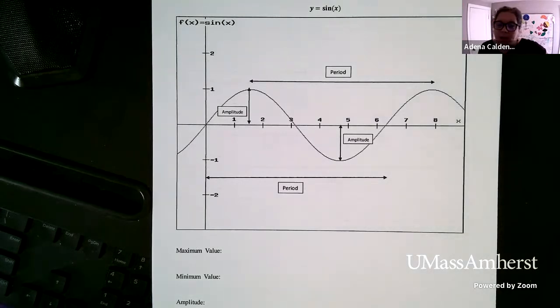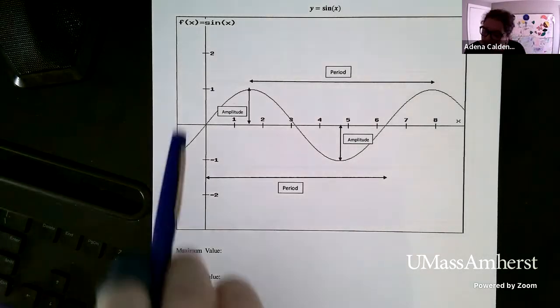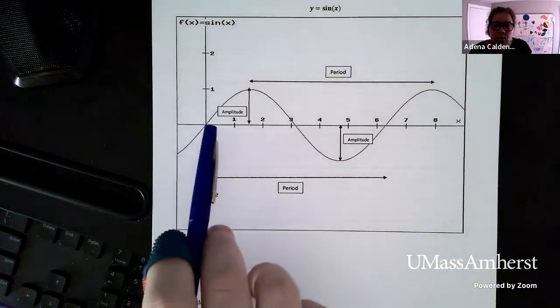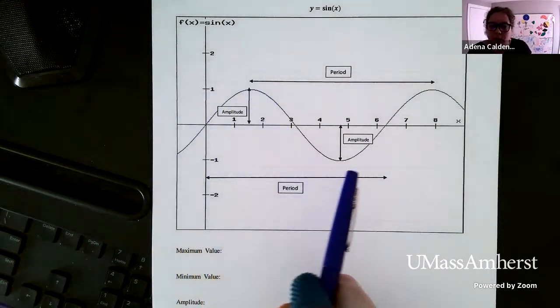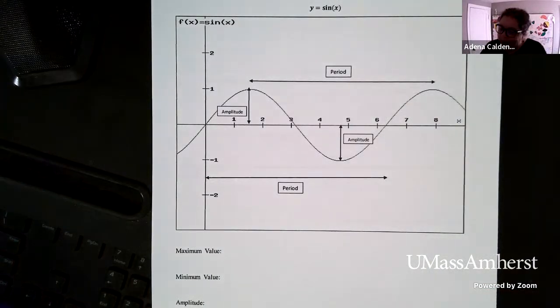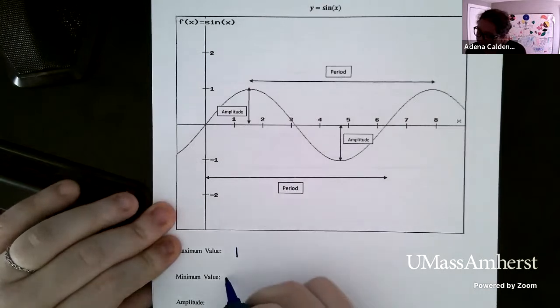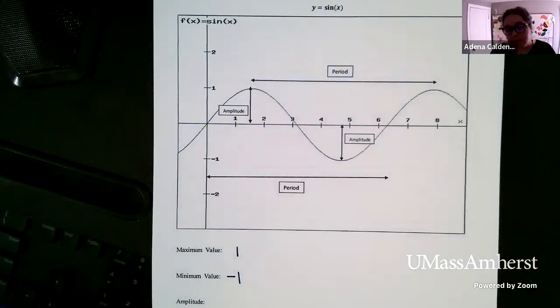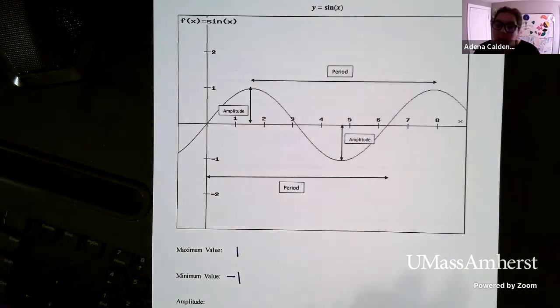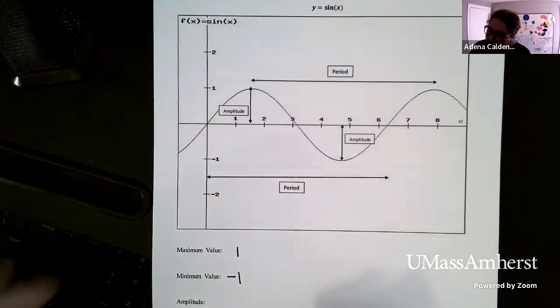Okay, so we're going to talk about sine first. So sine has the property that it's going to vary between 1 and negative 1. So when you draw a sine function, it goes up to 1 and down to negative 1. And so the maximum value for any sine function is 1, and the minimum value is going to be -1. Okay, and that's helpful for us because we know we need that maximum and minimum to talk about the amplitude.